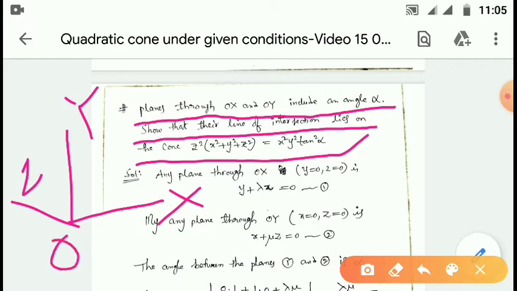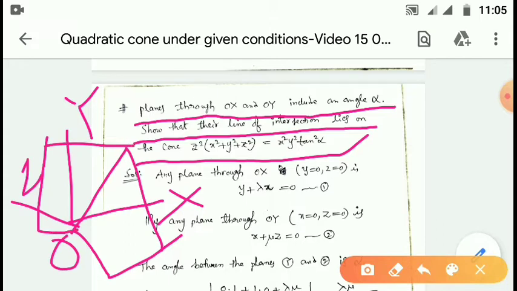So this is O. You can drop a plane from the x-axis like this, another plane from the y-axis like this. These two planes intersect in a line which is passing through the origin. We have to find that the locus of this line is a cone.